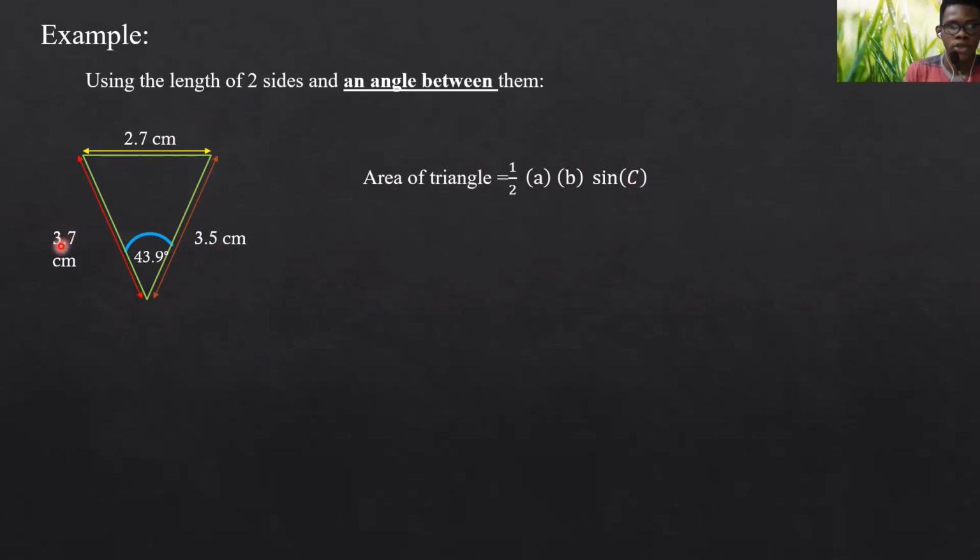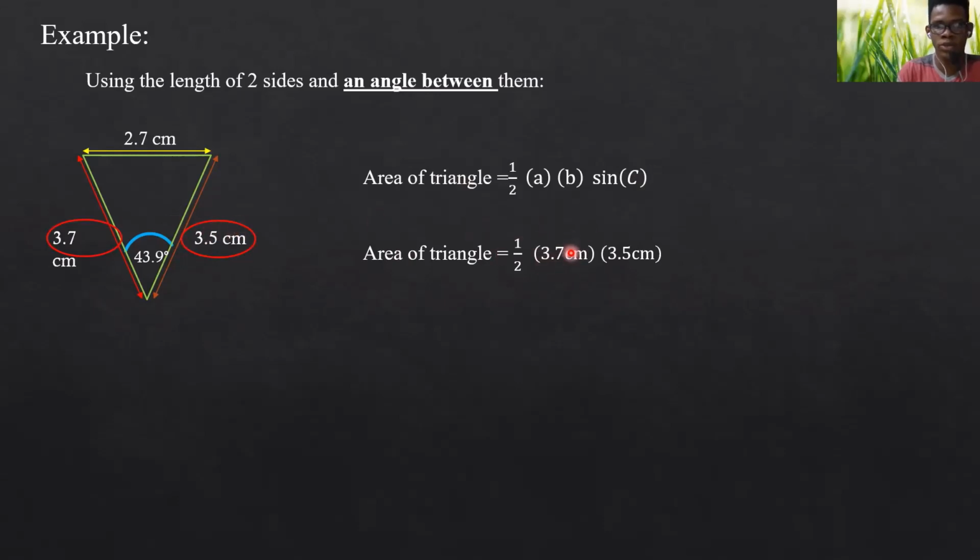You will see that. So 3.7 centimeters and 3.5 centimeters are the lengths of the two sides that are enclosing this angle. The angle here is 3.9 degrees, and the two sides that the angle is between are 3.5 and 3.7. So right away, the area of the triangle is half the length of the two sides, which is this one and this one, 3.7 and 3.5.